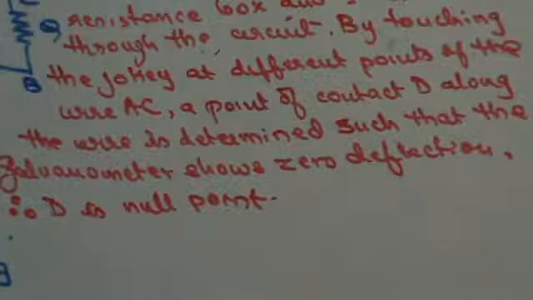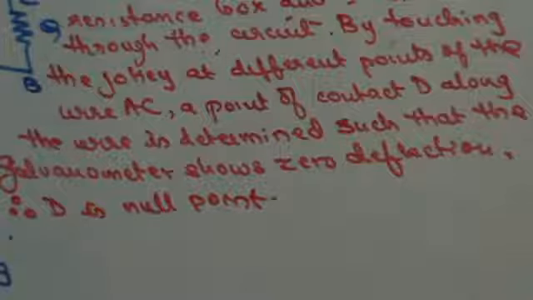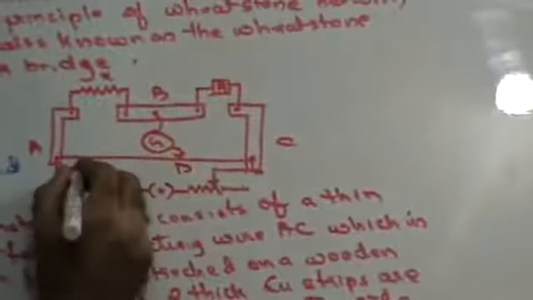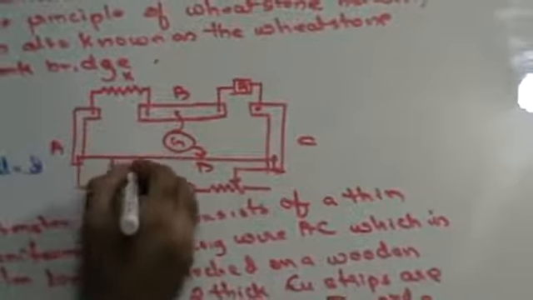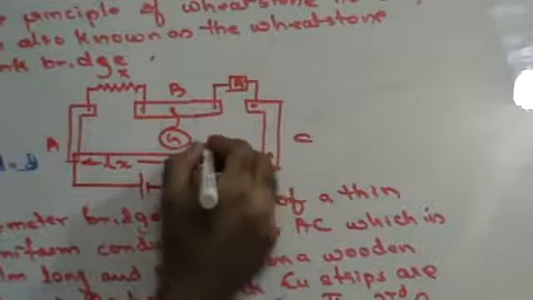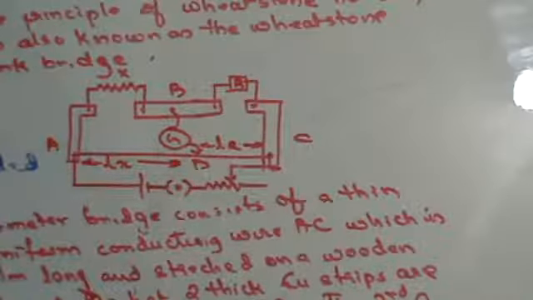Once I know my null point, then the distances Lx and Lr of the null point from ends A and C can be measured. Can you see this? This is my point D. This is going to be my distance Lx, and this is going to be my distance Lr. Do we get this clear?